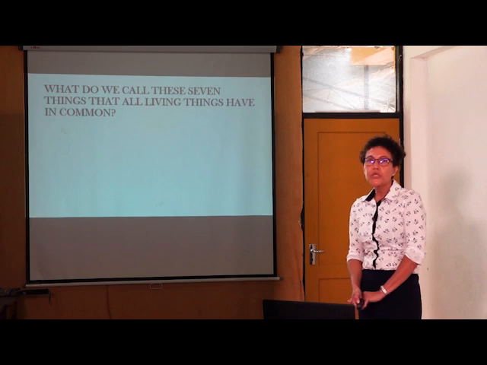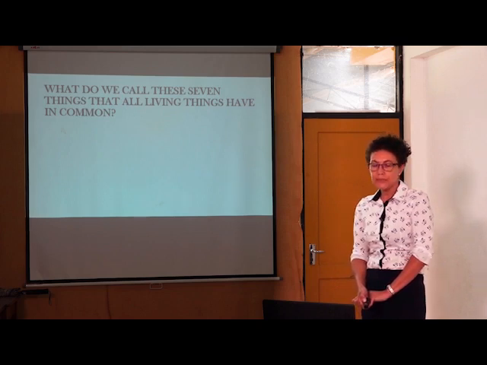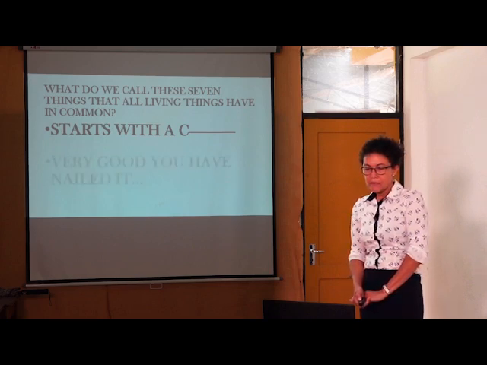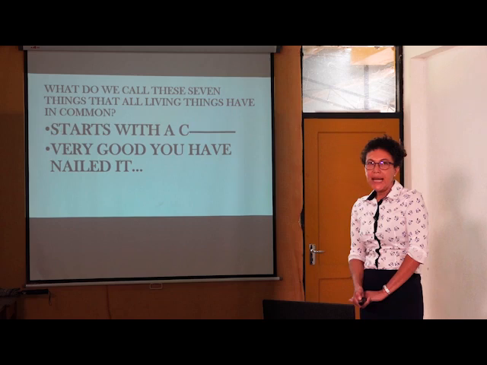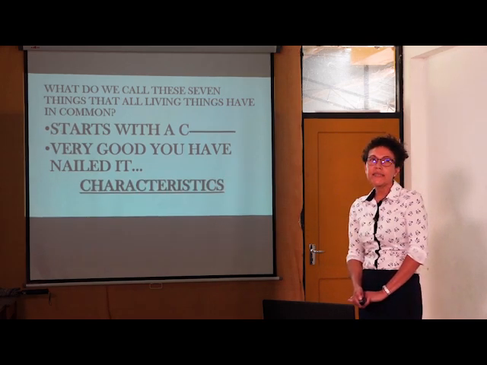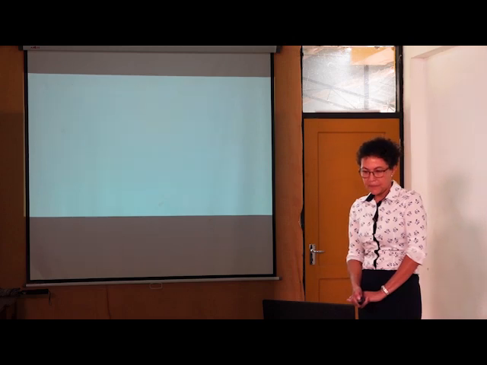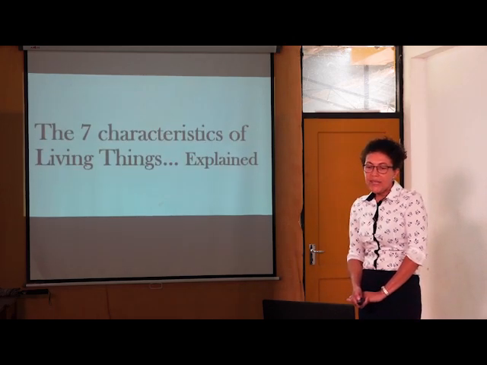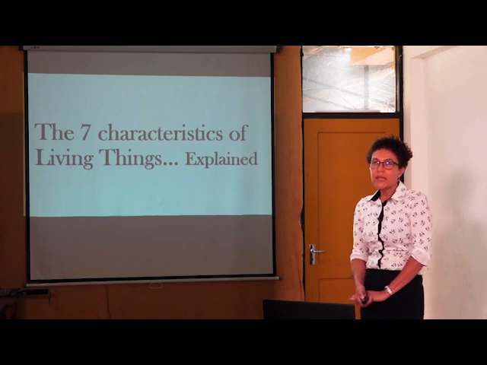Now, what do they have in common? It starts with a letter C. Very good. I think you have nailed it. It's characteristics. So it is the 7 characteristics of living things.